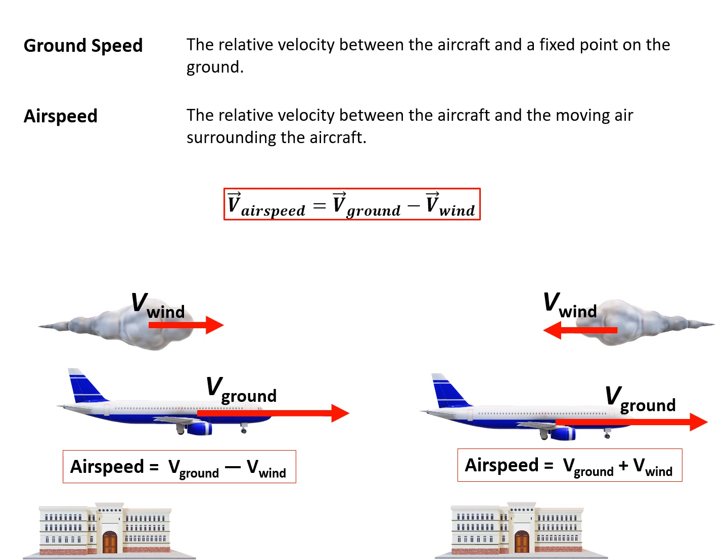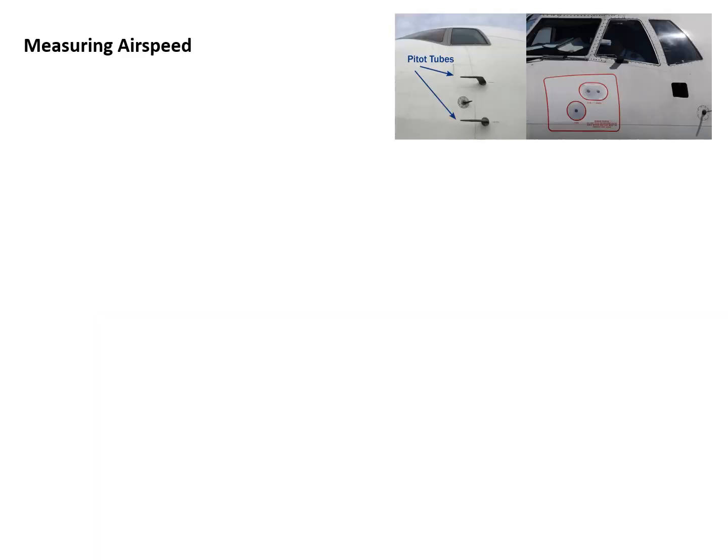So in vector form, we can unify these two equations. And when we do the actual analysis, we need to distinguish the relation between the wind speed and the ground speed, whether they are in the same direction or in opposite directions. So we know the airspeed.